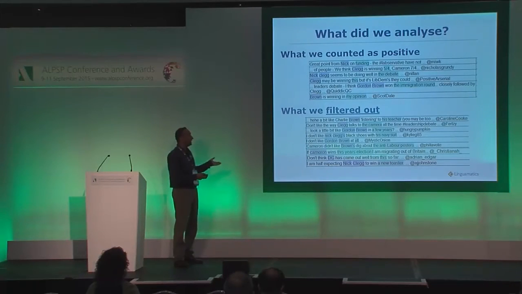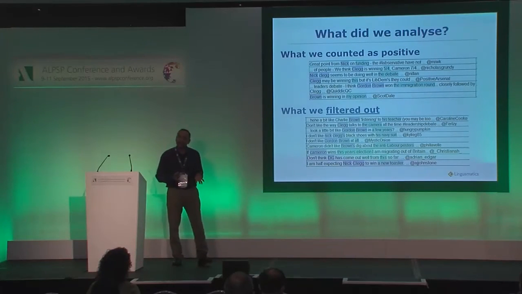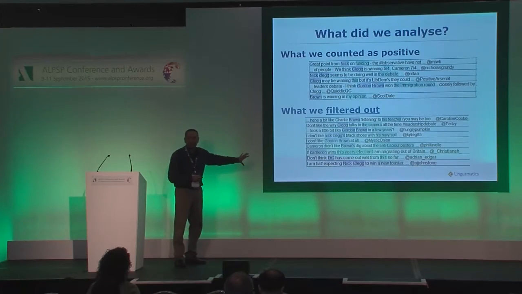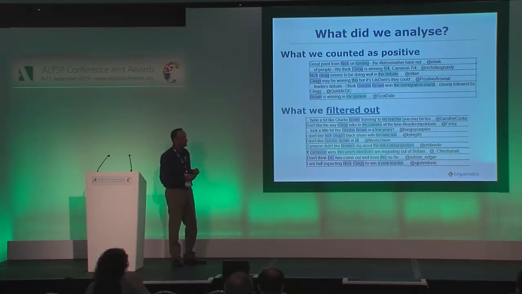I don't like Nick Clegg's black shoes in a navy suit. So you get an idea of how noisy this feed is, right? You're trying to say, okay, I don't want any of this stuff, and I want to be able to pull it out. Using NLP, natural language processing, and all the other tools that we've got in the box, we can filter a lot of that stuff out.